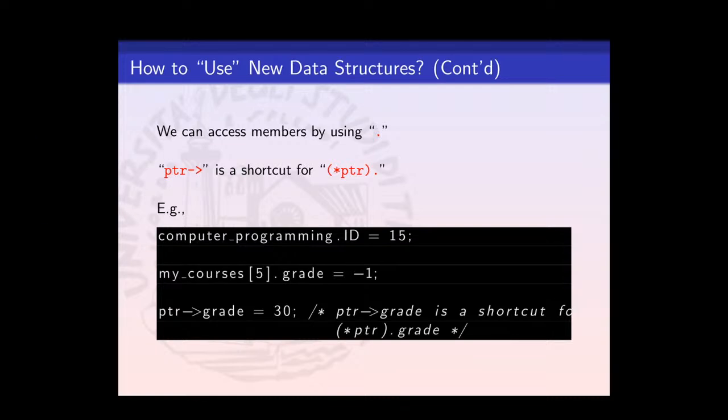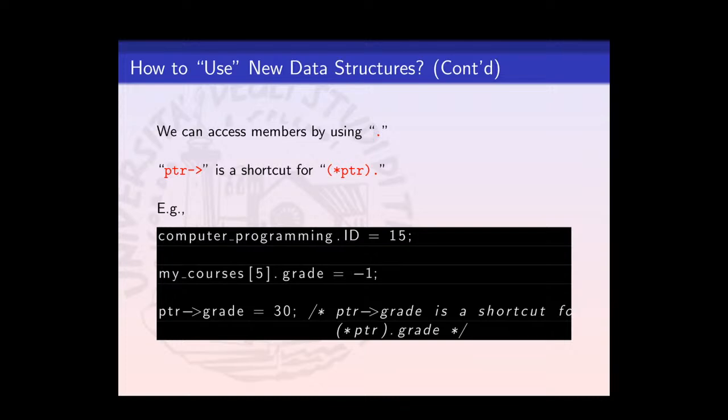So the second line is basically focusing on the instance of the course_t in the cell whose address is 5, and then changing the grade member of that specific instance. Okay? Now, computer programming is a variable, and my courses is an array. So we have used the dot syntax simply because we were dealing with a specific location.